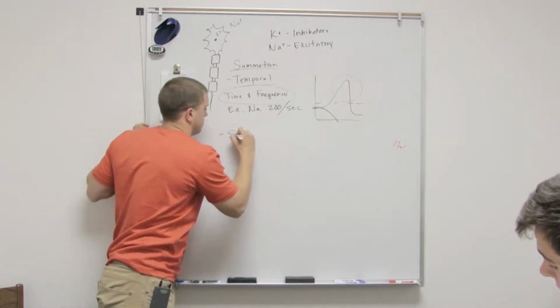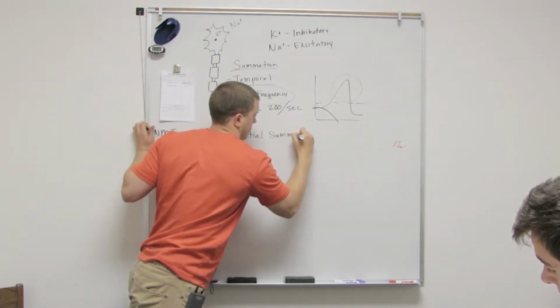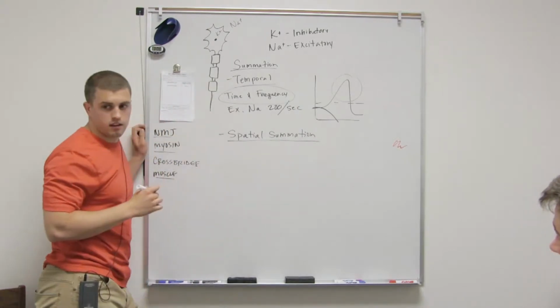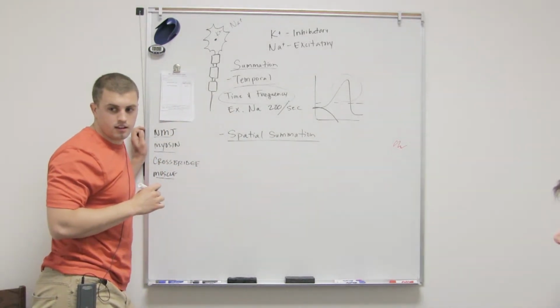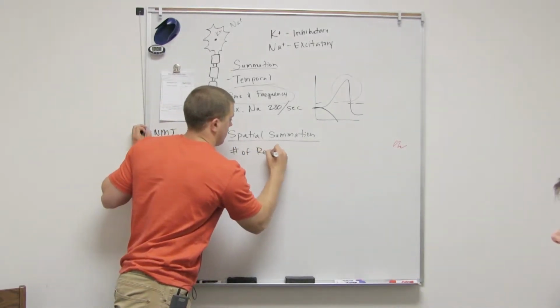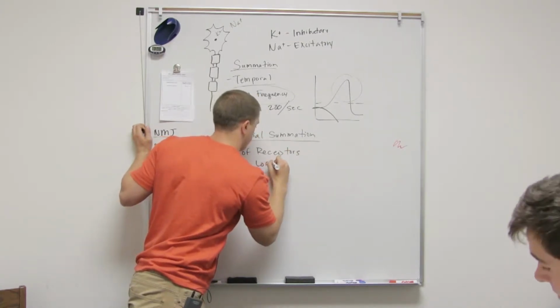And then we have spatial summation. What does spatial summation include? Coming from different parts of the neuron. Yeah. So it's going to be different areas, like the number of receptors and location.